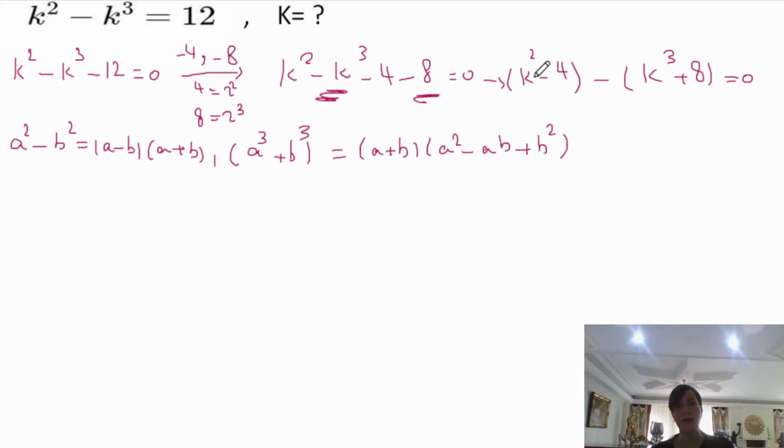Okay, now I apply these formulas. The first one, difference of squares, for the first parenthesis, converts to k minus 2 times k plus 2.